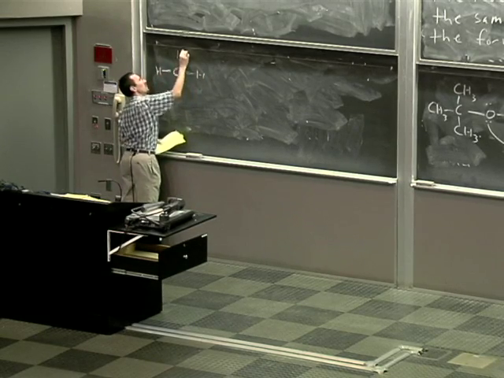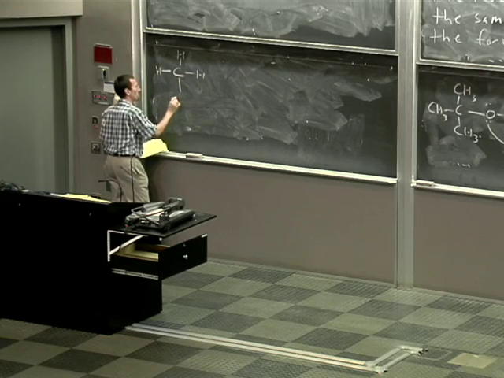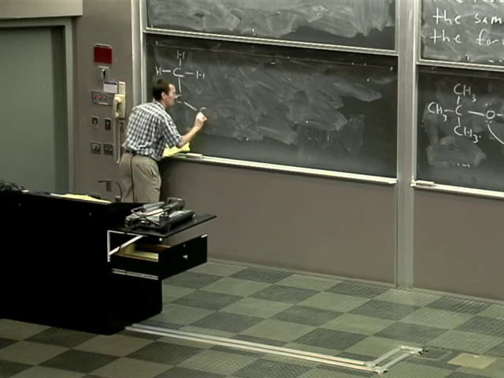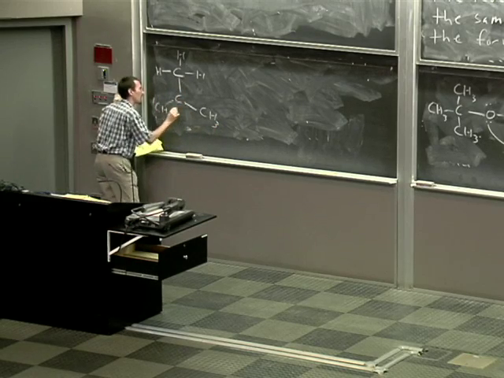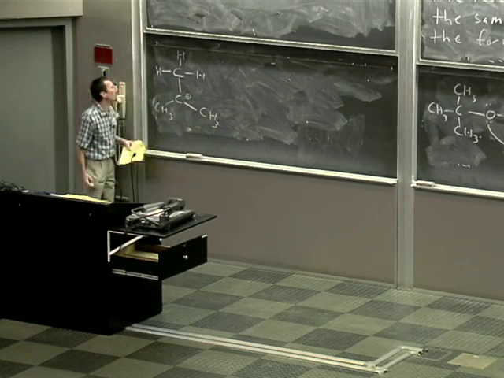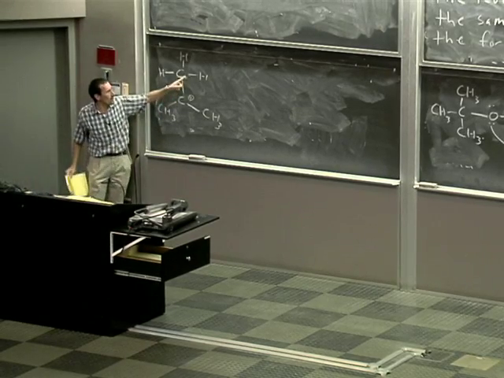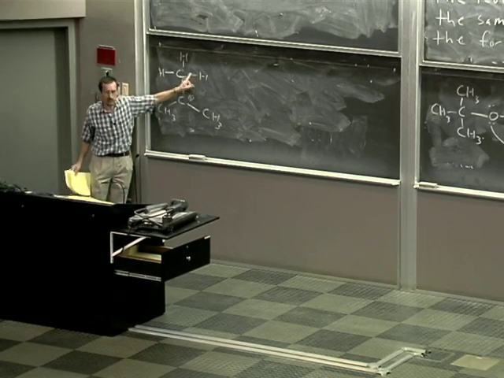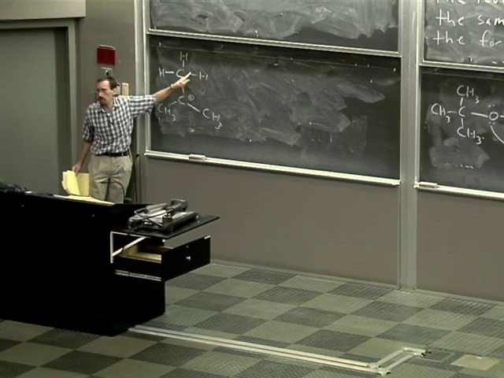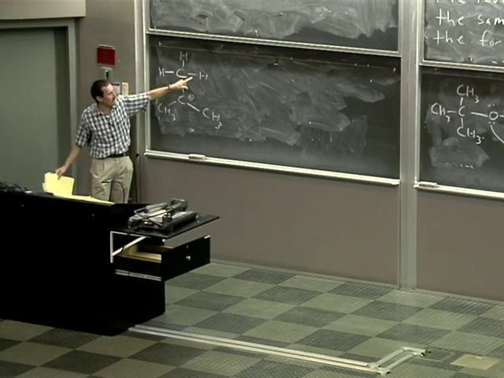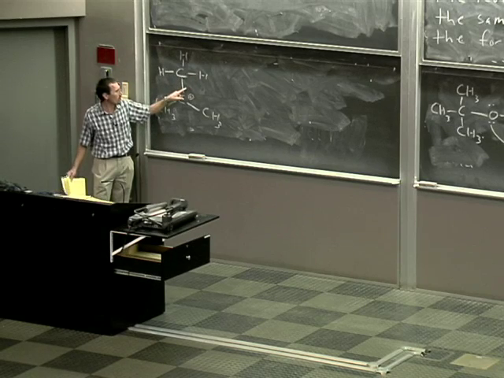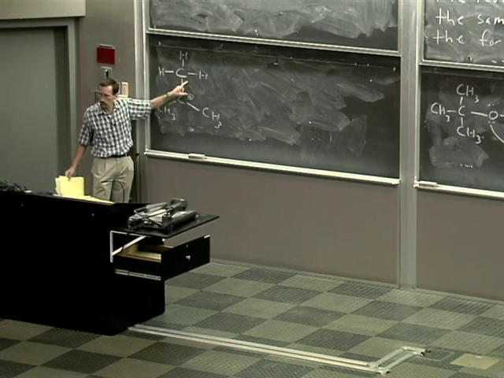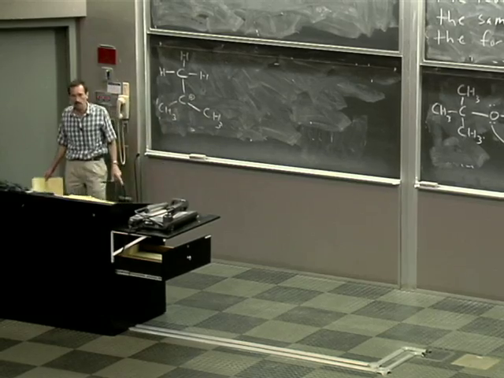I'm going to focus on one of our three methyl groups. They're all equivalent. It doesn't matter which one I focus on. I'll focus on the top one. What's going to happen in this step is we're going to lose one of these protons, and we're going to take the electrons that held on to the proton and push them in between the two carbon atoms to form a double bond.